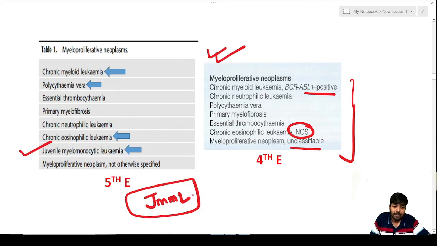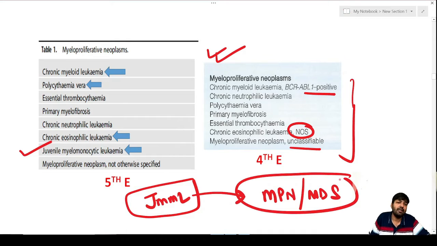Now remember, previously JMML was under the umbrella of myelodysplastic/myeloproliferative neoplasms. But now it has been seen that there is no dysplasia, and 90% of the cases of JMML show increased RAS activation, so they are myeloproliferative in nature. So the move has come to place JMML under the myeloproliferative category. This is the number one difference that we see.